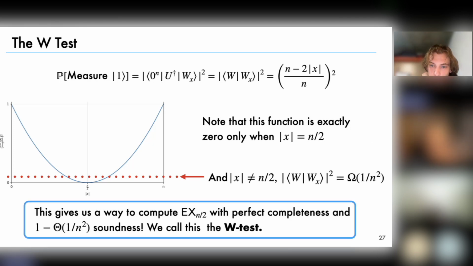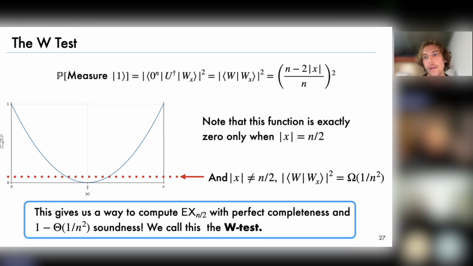And so now the point is this circuit is going to deterministically output 1 if the Hamming weight of x is n over 2, just because this probability is exactly 0 there. And otherwise, if the Hamming weight of x is not n over 2, we're going to have at least a 1 over n squared probability of outputting the correct answer.